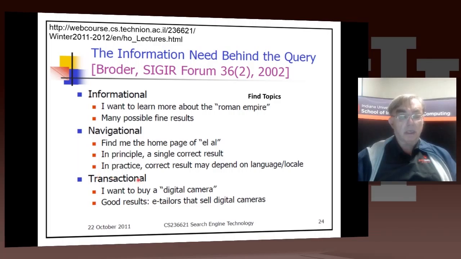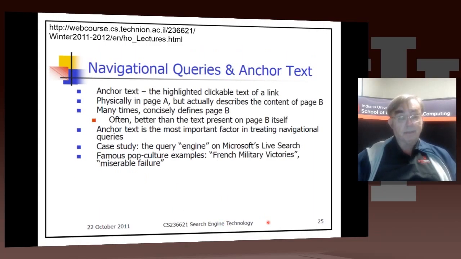And another example here is I want to buy a camera or a battery or something like that. So you want to find results which are people that sell cameras. So depending, you have to try to look at what's typed in and ask what the user really wants.